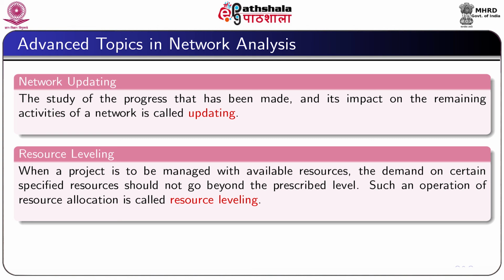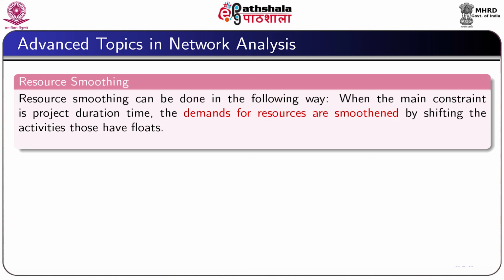And finally, resource smoothing. When the main constraint is project duration time, the demand for resources is smoothened by shifting the activities having floats. Here, total project duration is maintained to the minimum level.